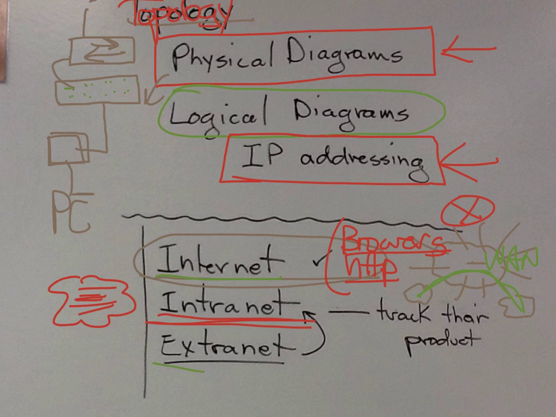Now, if you want to allow other companies to connect in, for example, some companies would connect in just to track their product. The college may let other colleges connect in to look at programs or whatever. That's usually referred to as an extranet. You allow some type of connection into your intranet. The intranet is usually private. People can't get in without a password and so forth. Of course, the internet is this vastly open ability to connect.